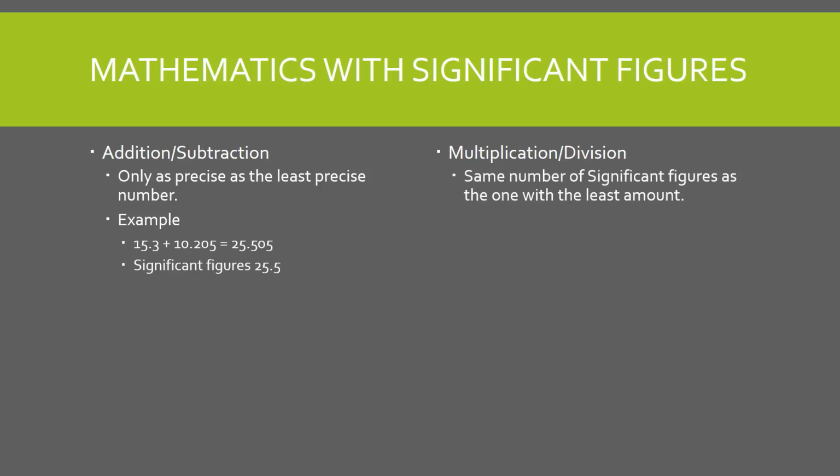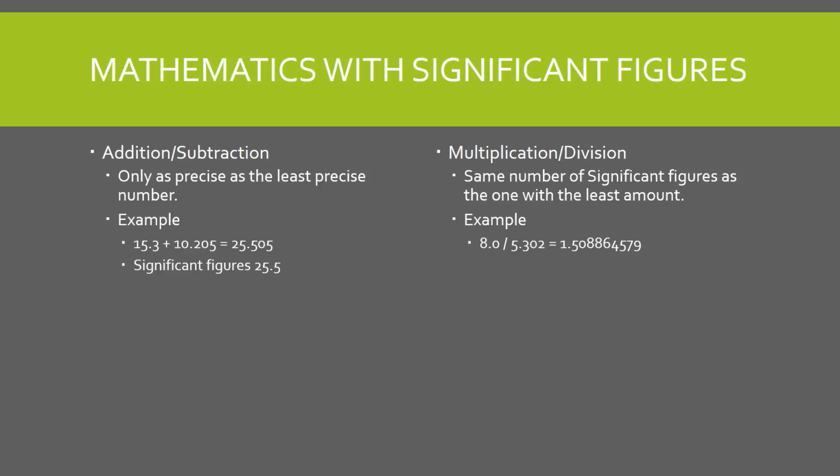Multiplication and division is a little bit different. Your answer will have the same amount of significant figures as the number with the least amount of significant figures. So an example here is 8.0 divided by 5.302. If you punch that in your calculator, you get that long number, right? 1.508864579.